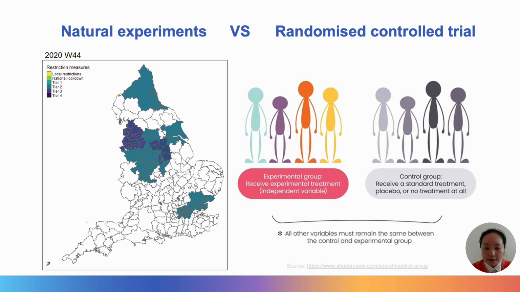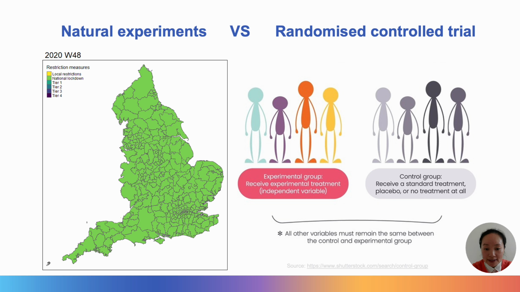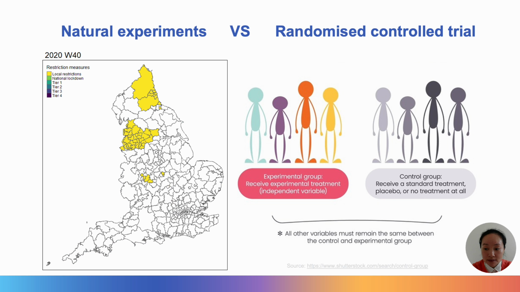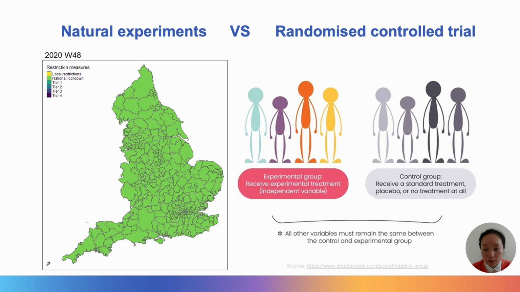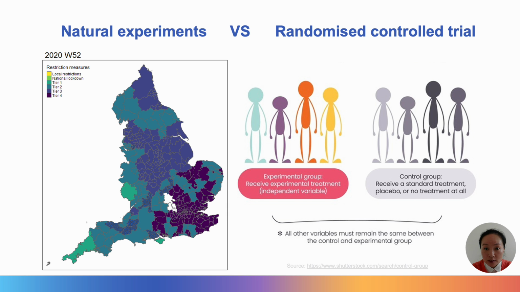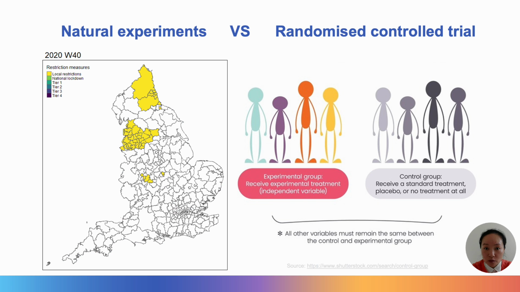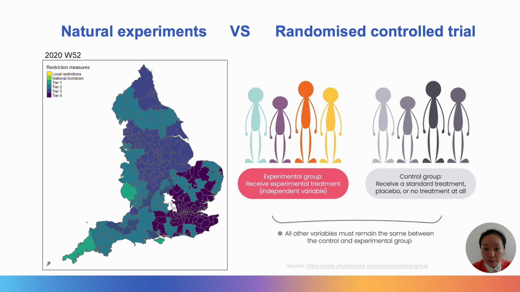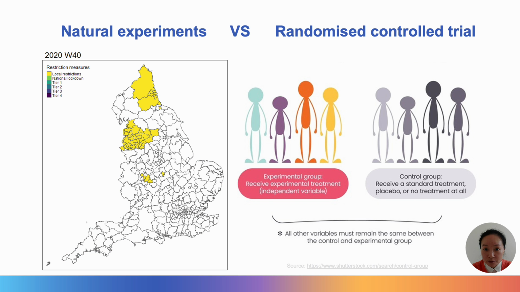In this slide, I compared natural experiments with randomized controlled trials. Randomized controlled trials are the gold standard for making causal inferences in public health and medical research studies.